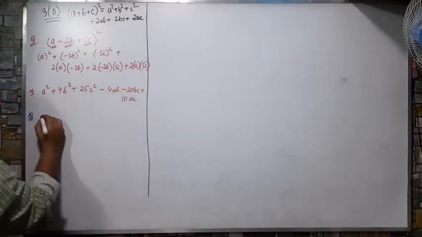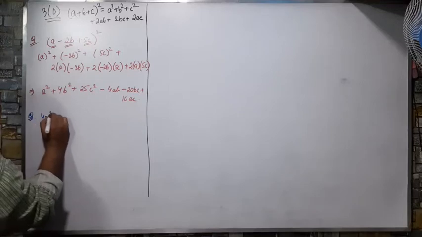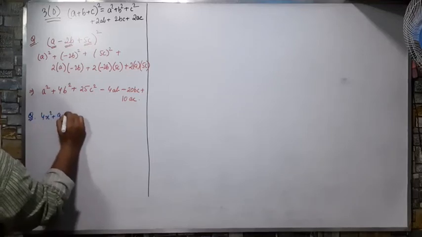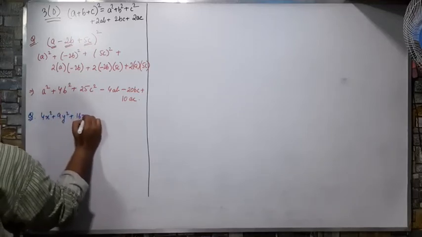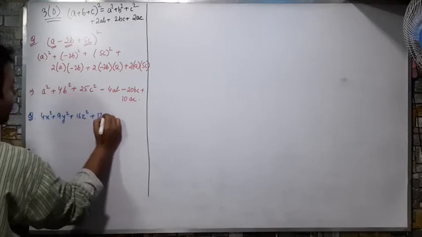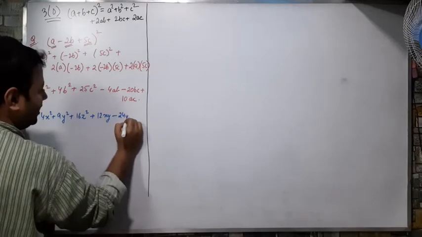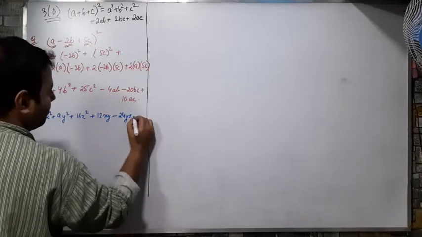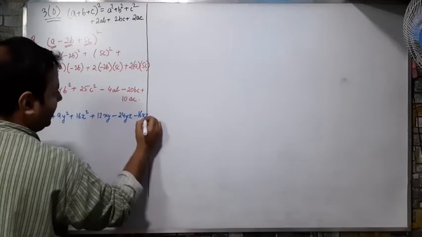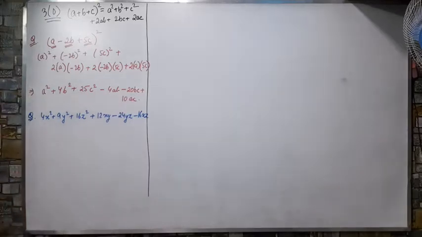Suppose you are asked to factorize 4x square plus 9y square plus 16z square plus 12xy minus 24yz minus 16xz. So this is what you are asked to factor. What will I do?